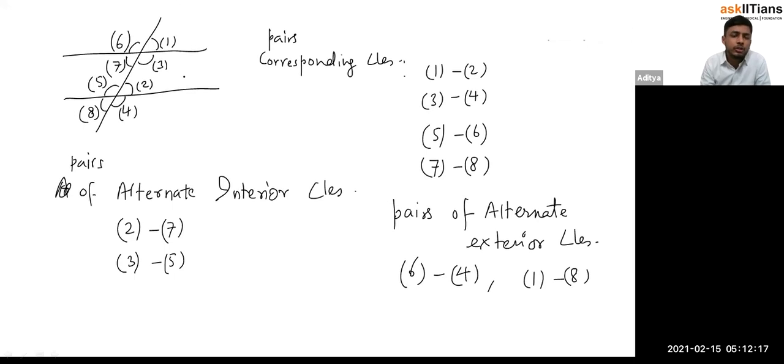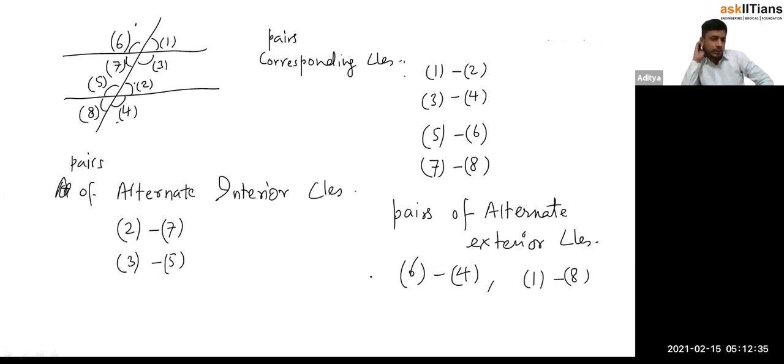Why are they alternate? First of all, alternate because they are lying on different sides of the transversal. And interior means on the interior, exterior means on the exterior of the two lines, correct? That's how we are naming them.